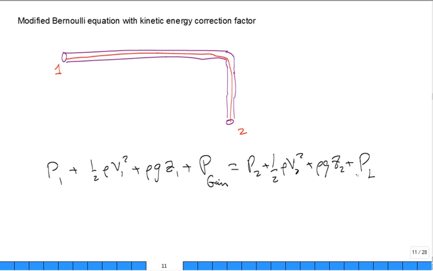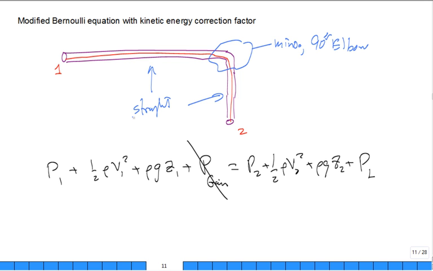Well, what now? Forget about the gains. I don't have something adding energy, but I do have some losses. What are the 2 losses that you can see? You start focusing. You get better at it. You say, aha, here's a minor loss due to a 90-degree elbow. And here's a straight run and a straight run. So maybe this one's 15 meters, this one's 5 meters, 5 meters.